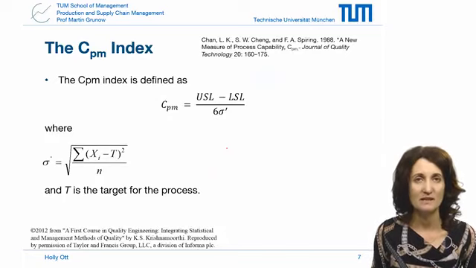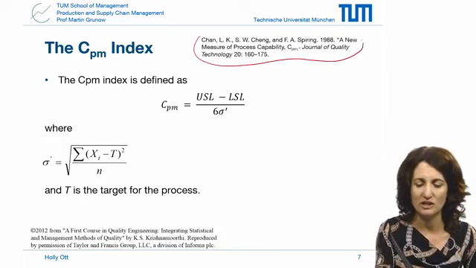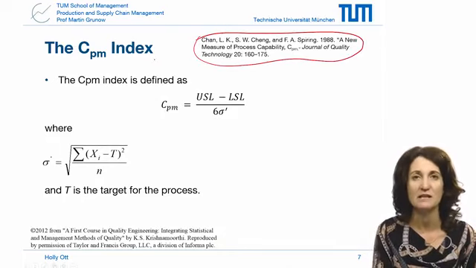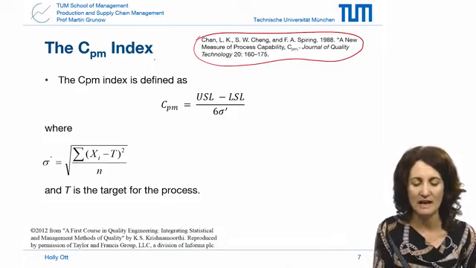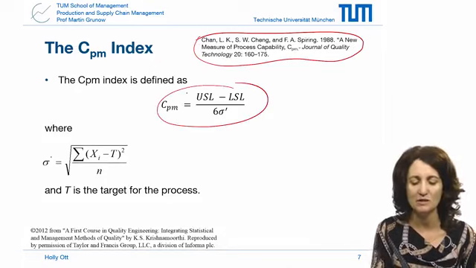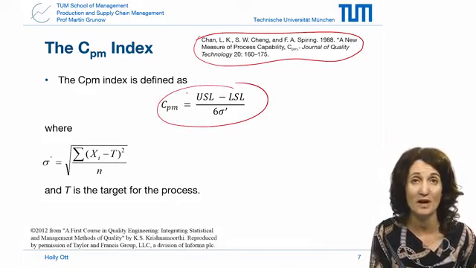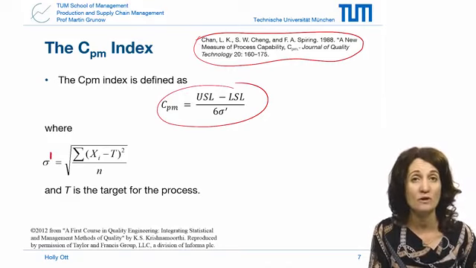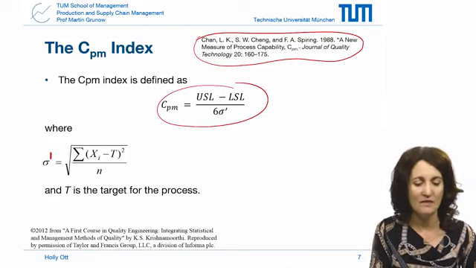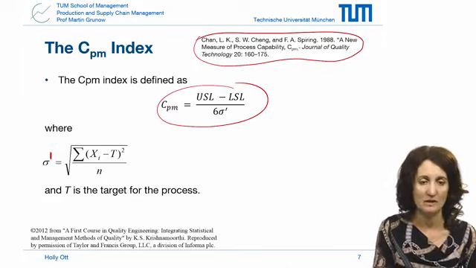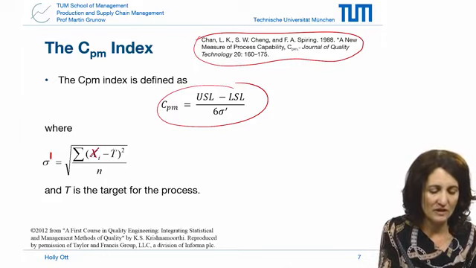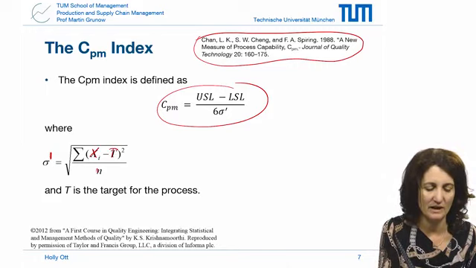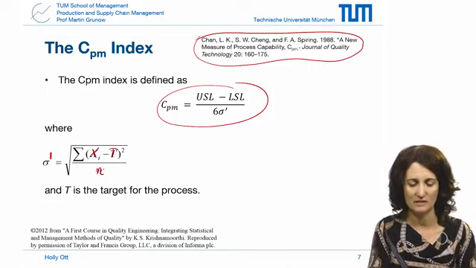So for this, we have an index called CPM. This was first proposed by Chen, Cheng, and Spiring in 1988. It's defined as the upper spec limit minus the lower spec limit over 6 sigma prime, where sigma prime, this little prime mark there, is equal to the square root of the sum of the squared differences of every individual x value from the target value divided by n, where n is the number of measurements.